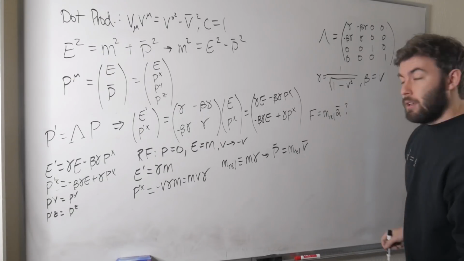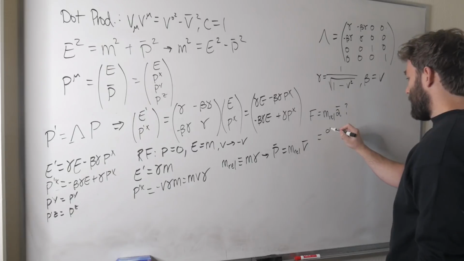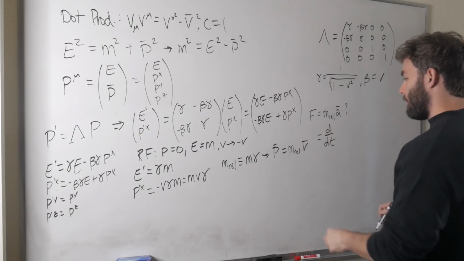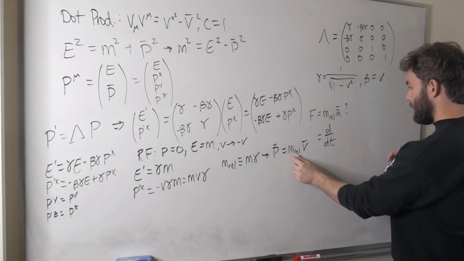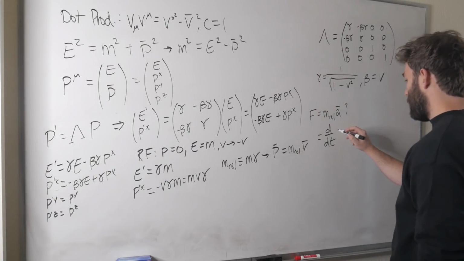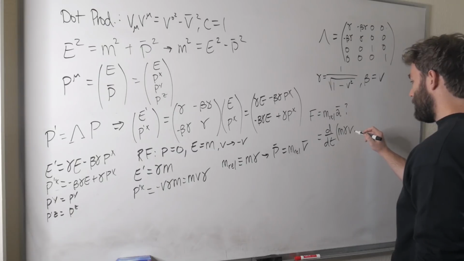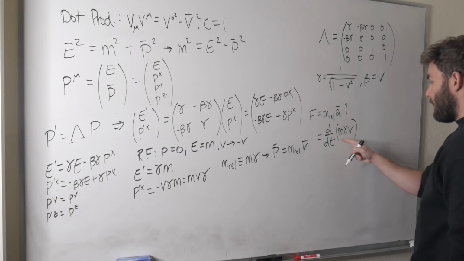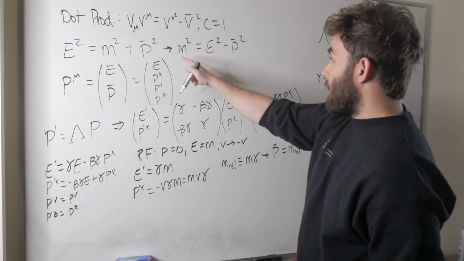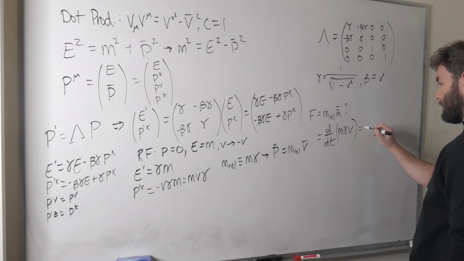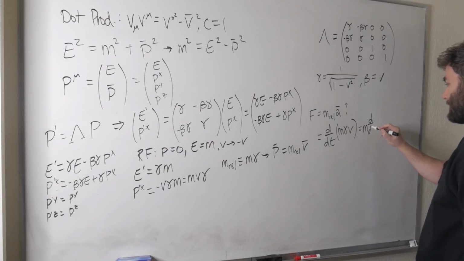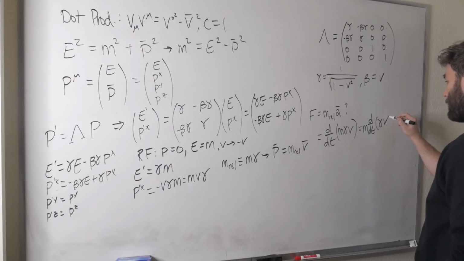The answer is no, because it's the time derivative of the relativistic mass times the velocity. The relativistic mass was m gamma times the velocity. As we've shown, m is an invariant mass, so this can be pulled out. This is m d over dt of gamma v.